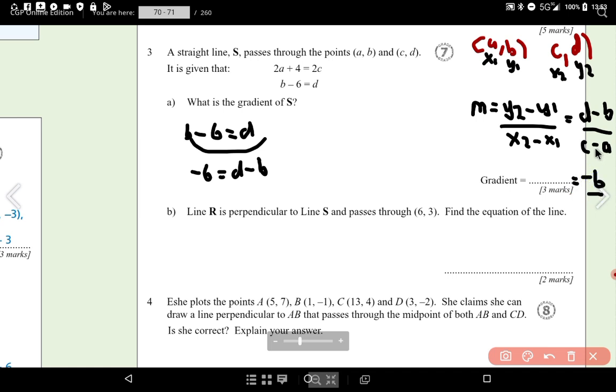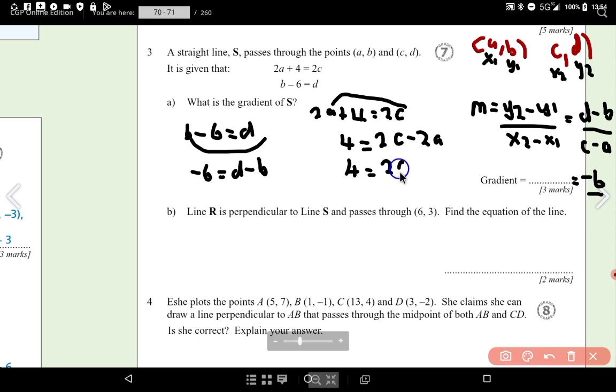I'm going to do the same thing for this. You have 2a plus 4 is equal to 2c. What I want is c minus a, so I bring a this side. I remain with 4 here, and this will be 2c minus 2a. So 4 is equal to 2 times c minus a, because I can factorize the 2.